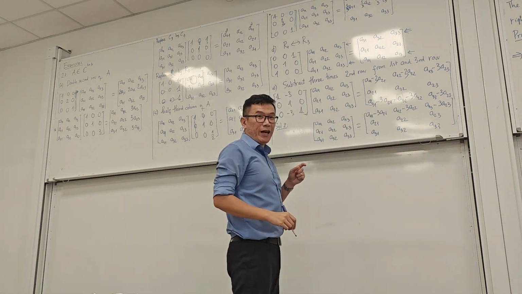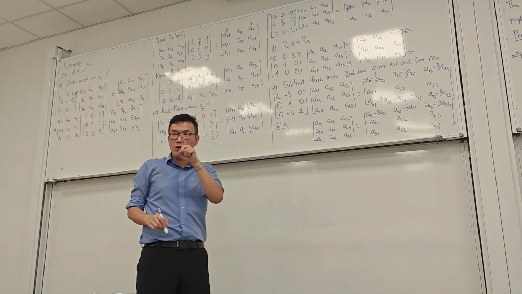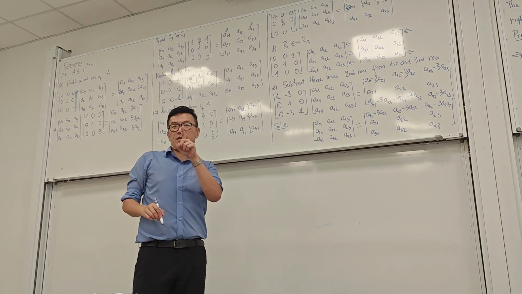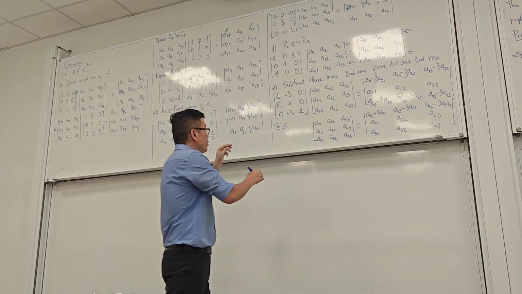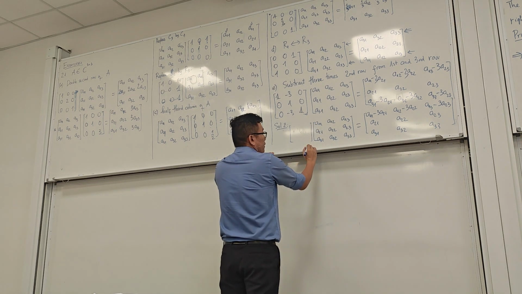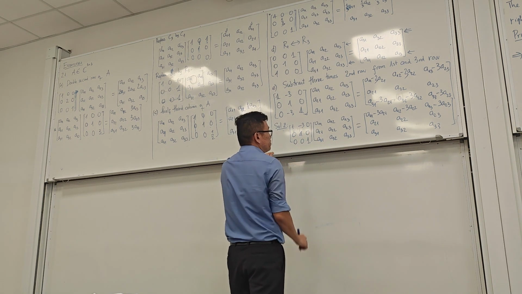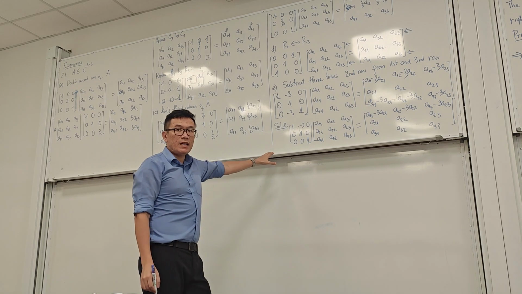You understand what I mean, right? I just make an impact on the first row. I subtract the first row by 3 times the second row. Then what is the matrix here? This is 1, minus 3, 0, and this is 0, 1, 0, and 0, 0, 1. Is it okay?